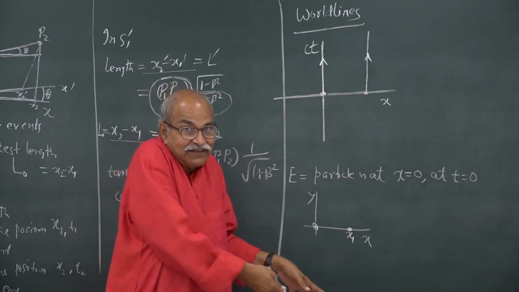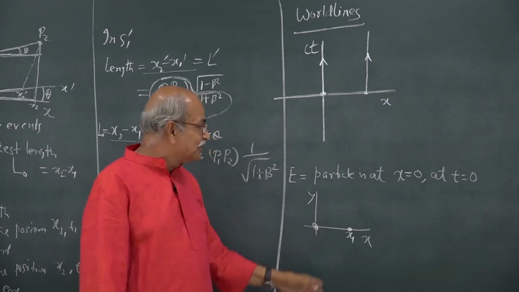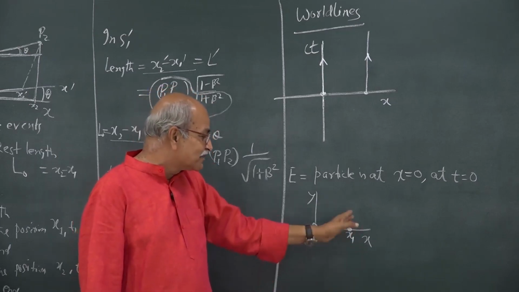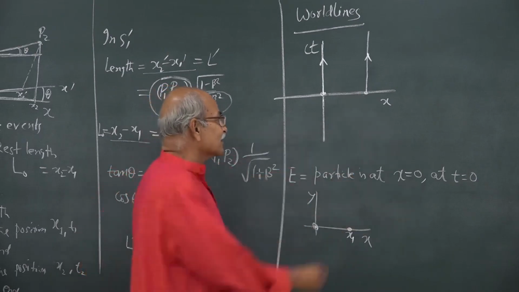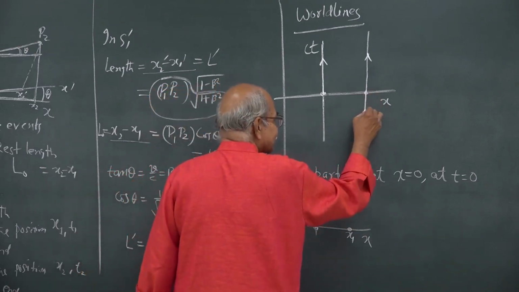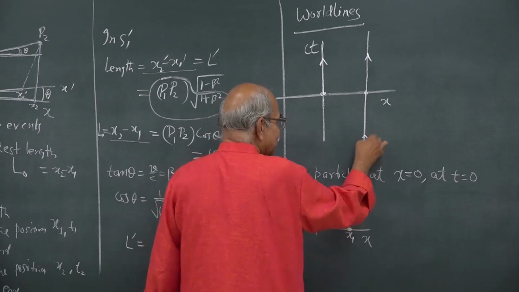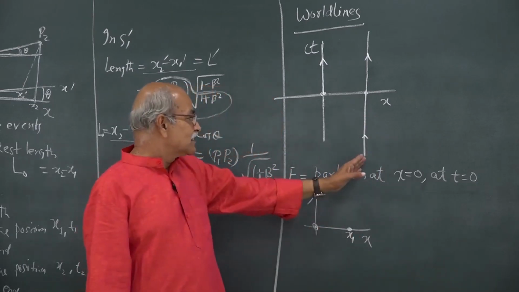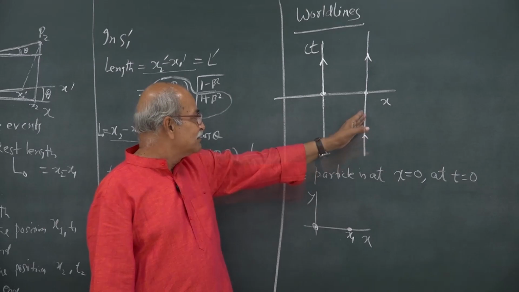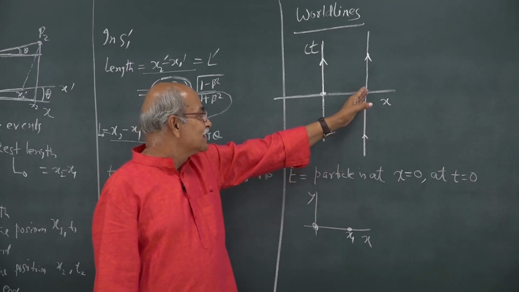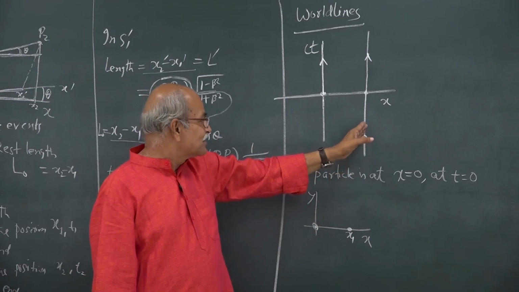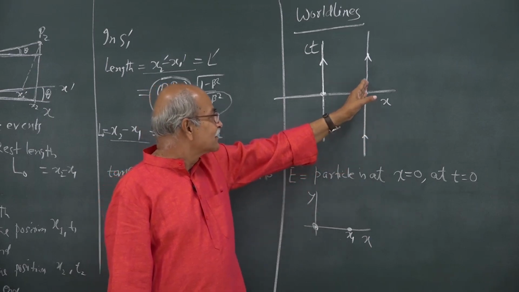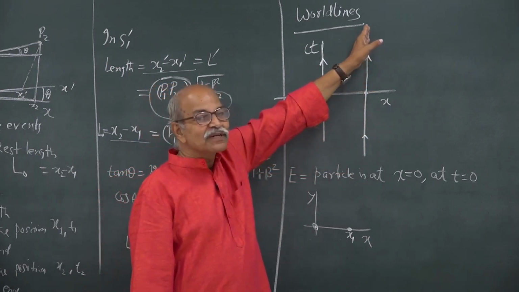Time was there before that also. So if you go to that side, the past of this particle, the representative points were somewhere here. So you can extend this line here and you can put an arrow here. This is how the world line is being made. At t equal to 0, it is here. For t less than 0, the representative points were here, and then for t greater than 0, it's like this. This is the world line.